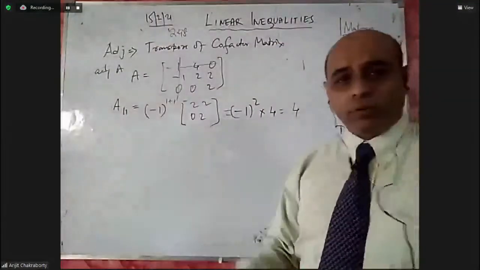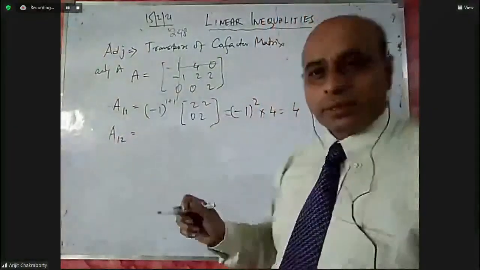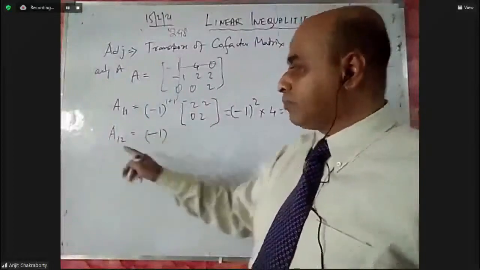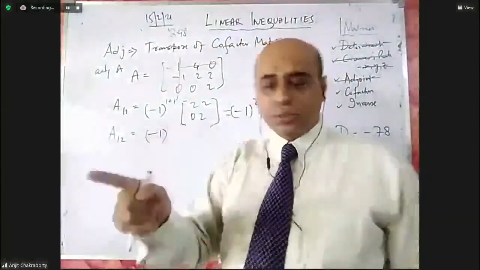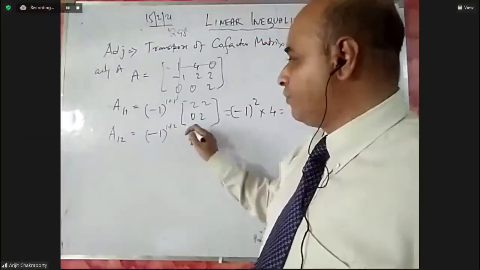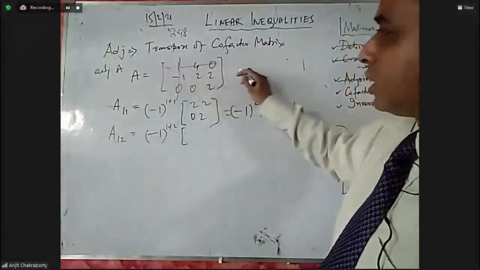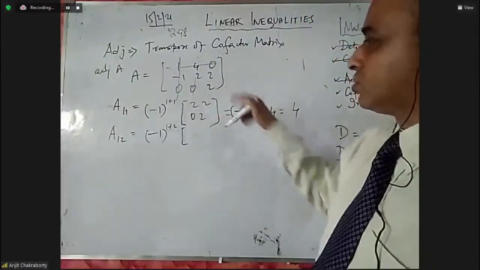I have done A11. I will do the next cofactor, A12. The formula will be very simple. Put minus 1 to the power 1 plus 2, because this is cofactor A12. So I'll slash this out, and take this out. I'll have minus 1, 2, 0, 2.